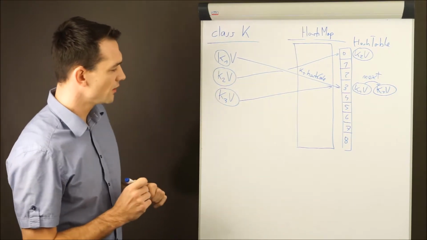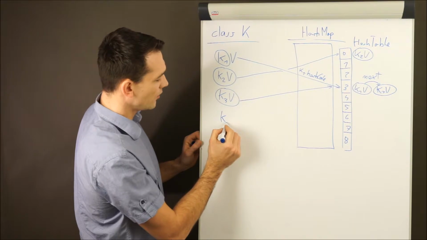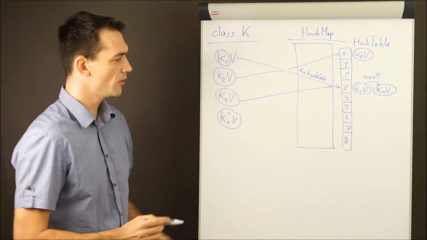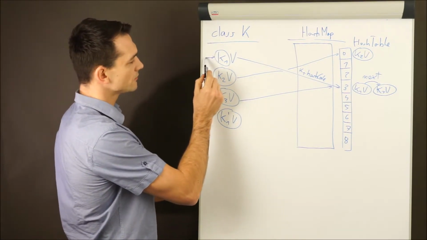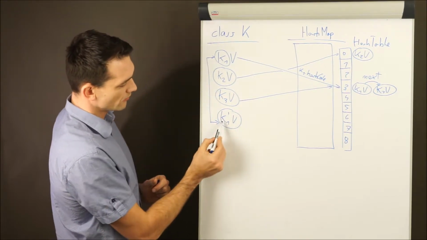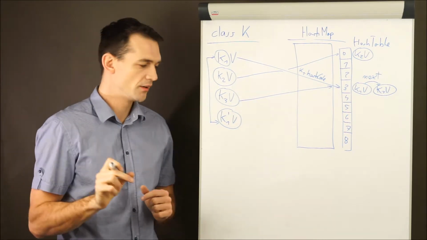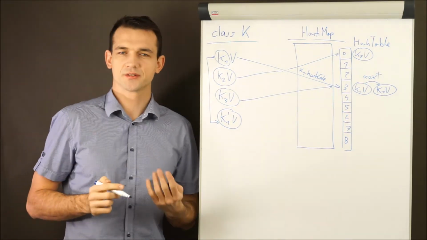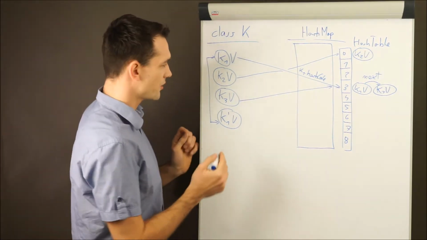have two objects. Let's say K1 we have here, and here we have K1 prime that we want to store in a hash table along with some value, and K1 is equal to K1 prime in terms of the equals method. However, both objects return different values when you call hashCode on them.